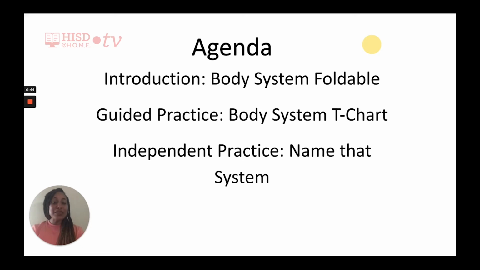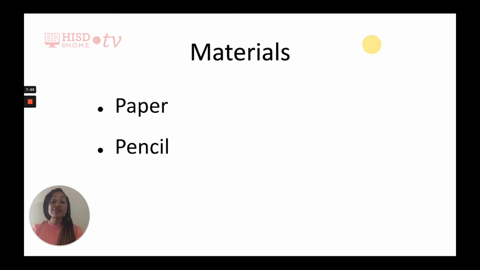I'll provide you with a statement or a scenario, and you will tell me, does the statement or the scenario represent the skeletal system or the muscular system? And last but not least, your favorite, we'll end with a Kahoot game to review everything we did today. The materials you will need for today's class include some paper and a pencil. Very simple.